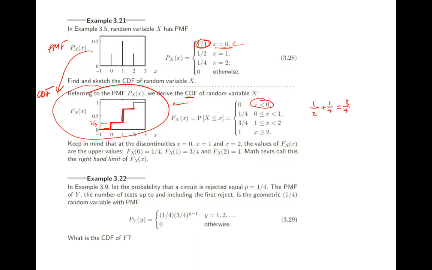Okay, goes until 2. When it is 2, we add 3 over 4 plus 1 over 4, which is 4 over 4, which is 1. So we simply add the values of PMF and accumulate it.